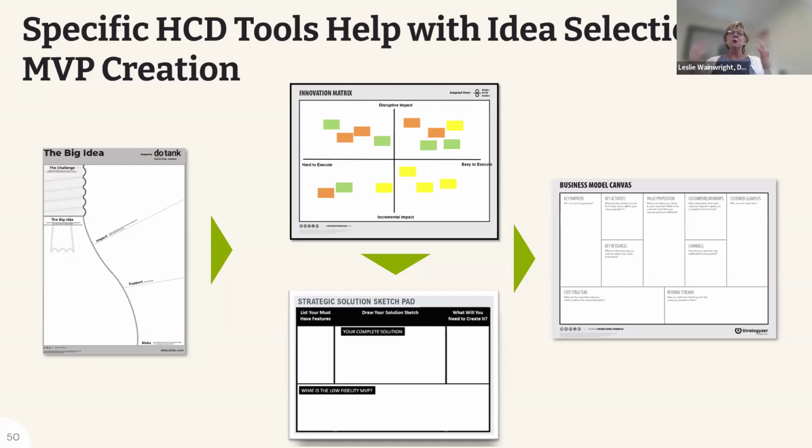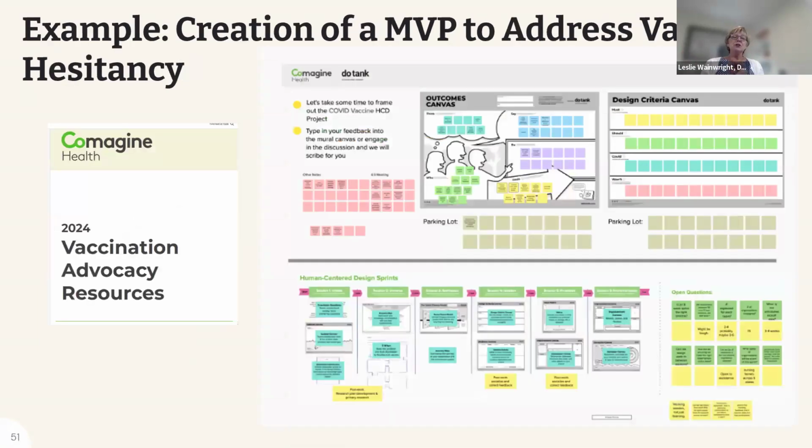And that usually rears its ugly head when you try to lay it out in much more detail using the business model canvas. And I'll give you an example of that in a minute. Next slide. So I'm going to share 3 specific examples, each of which showcase something different in this solution development stage.